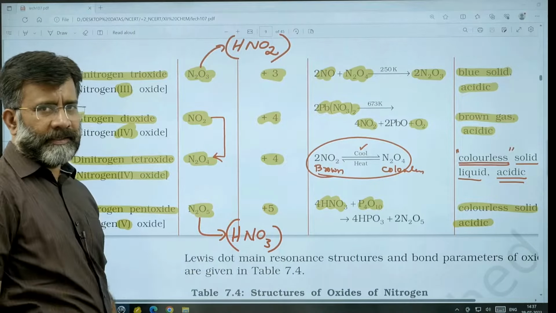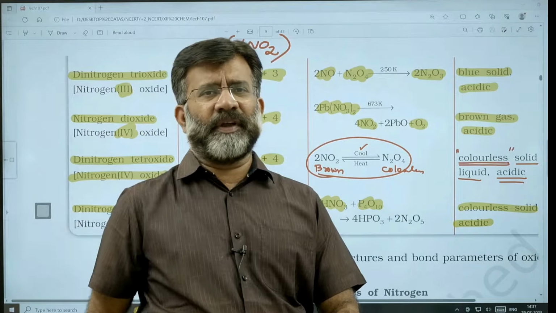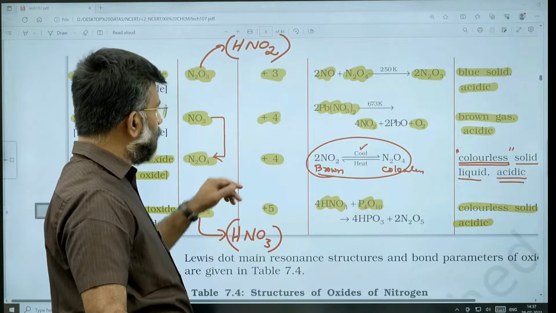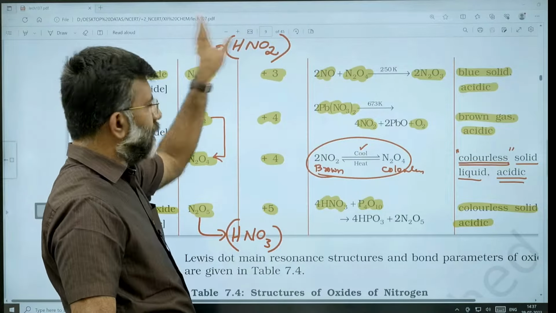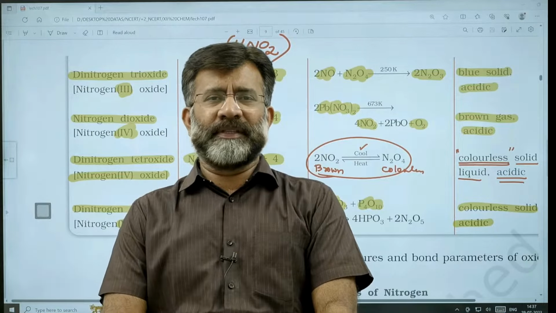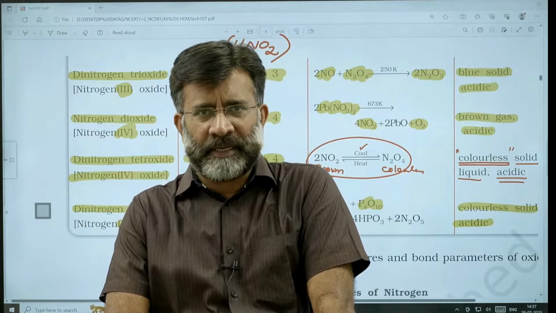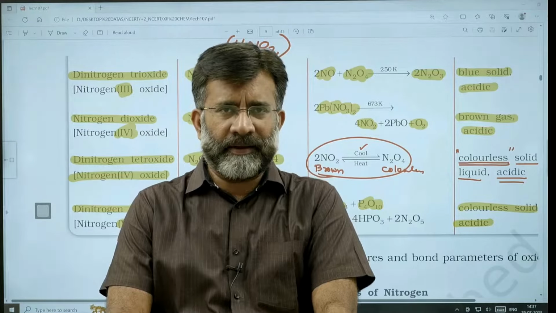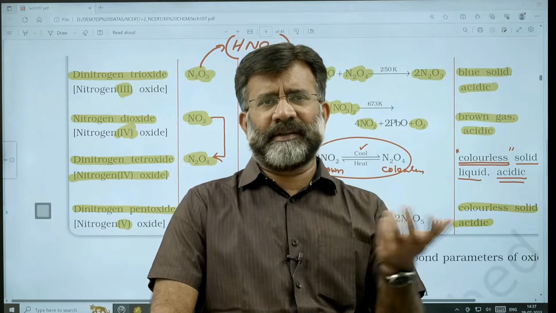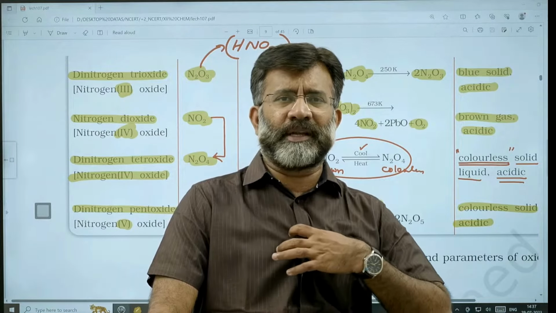Right? And that is very simple to find out with their oxidation state. Plus 5 here and here, plus 5, plus 3 here and here, nitrogen plus 3 state. So an oxide when treated with water, which acid is obtained? That tells us anhydride of which acid, right? And there are mixed anhydrides also which may give multiple characters.